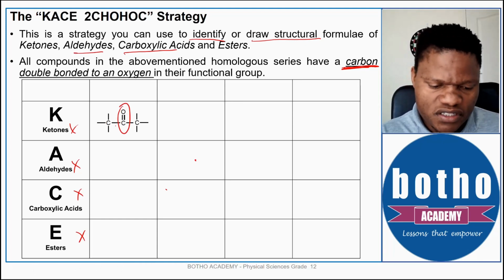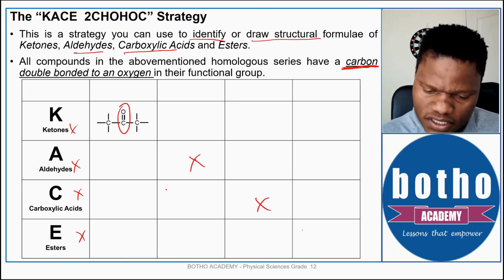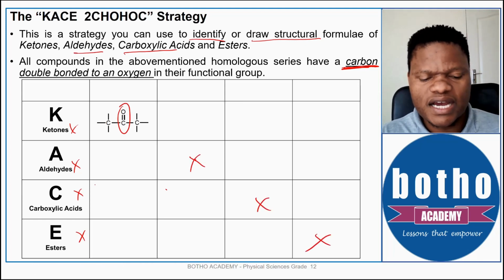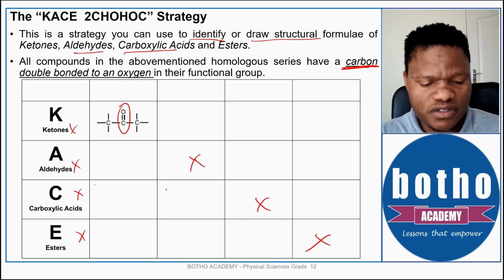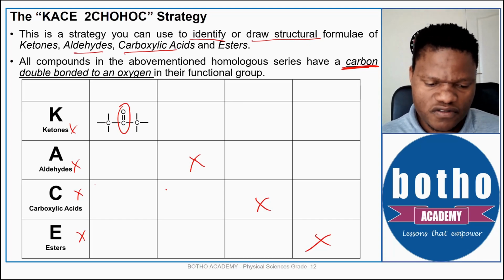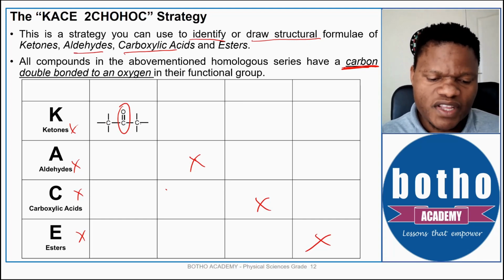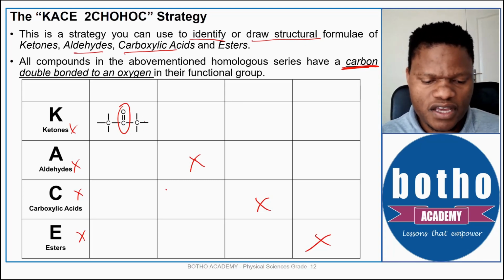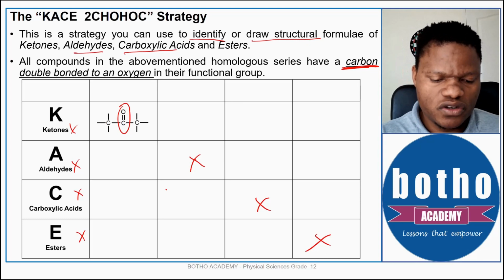It actually appears in all these homologous series. The aldehydes have this carbon double bonded to oxygen. The carboxylic acid has that together with the ester. But what makes the ketone different from the rest of them is the fact that the ketone has 2 carbons on either side of the carbon double bonded to the oxygen.